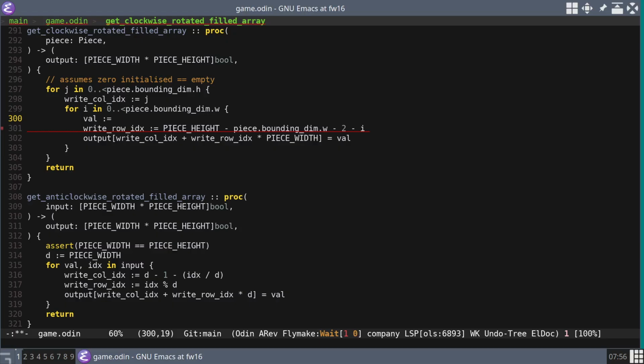We have I and j. We need to take our input, so it'll be piece dot filled. I is our column index, so we go I into it plus j times piece width because that's our stride.